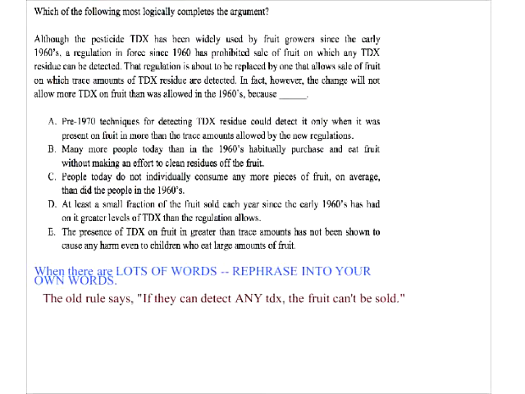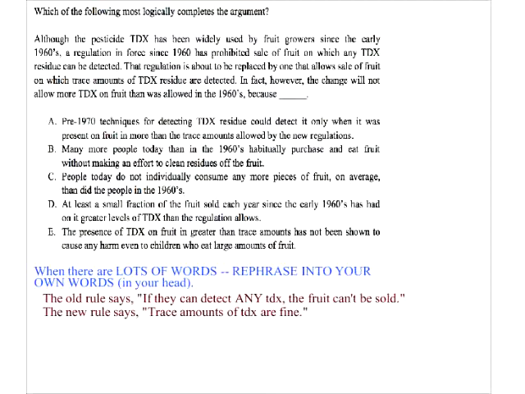The new rule says trace amounts of TDX are fine. This is in my own words, but it helps you, at least in your head. You don't have to do it on paper. Obviously, that would take you a while. So it's in your head. That's what the facts say.